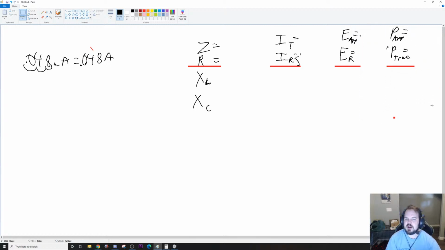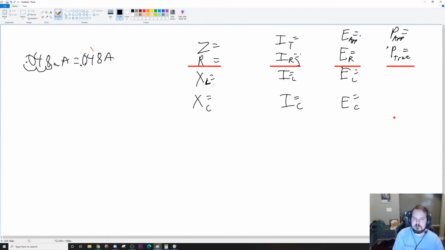We won't care about powers in this one. We've got I of L and I of C, E of L, E of C. We can now in this one, then maybe I'll work out the full thing.